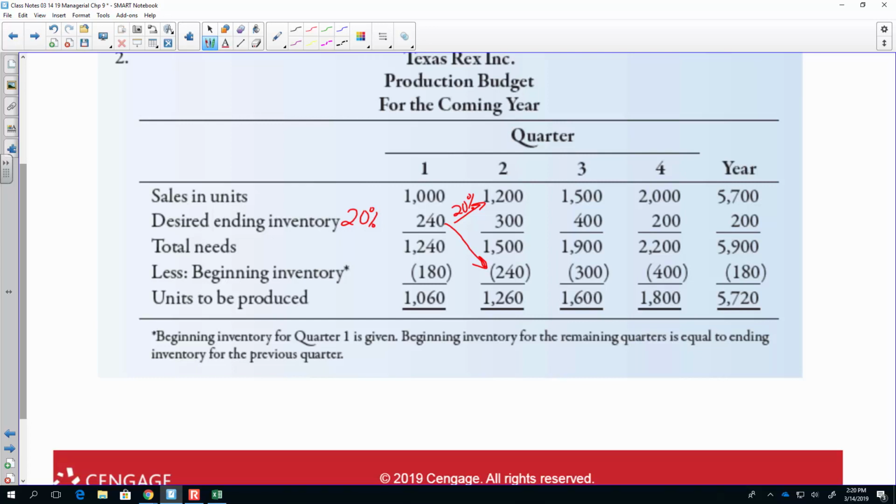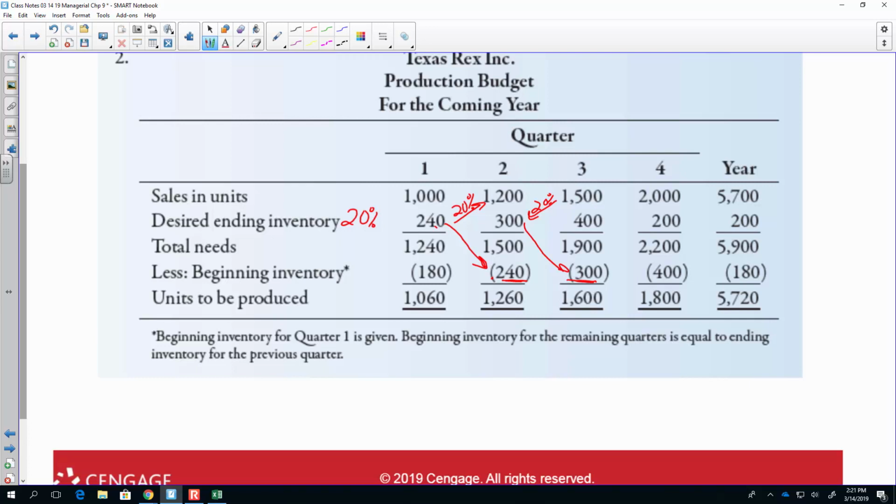So the 300 is 20% of 1,500, which then becomes the beginning in the next quarter's number. You will be using formulas then and cell referencing. I don't want entered numbers here, right? I want a cell reference to the prior quarter. Does that make sense for everyone?